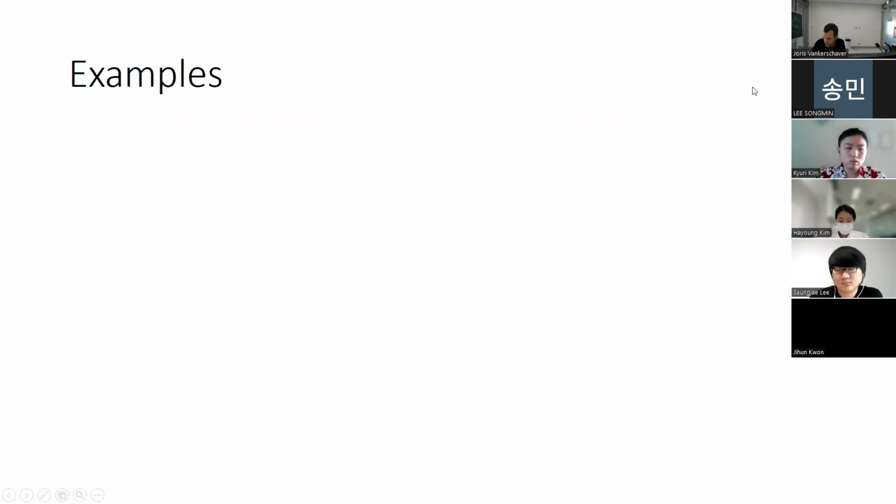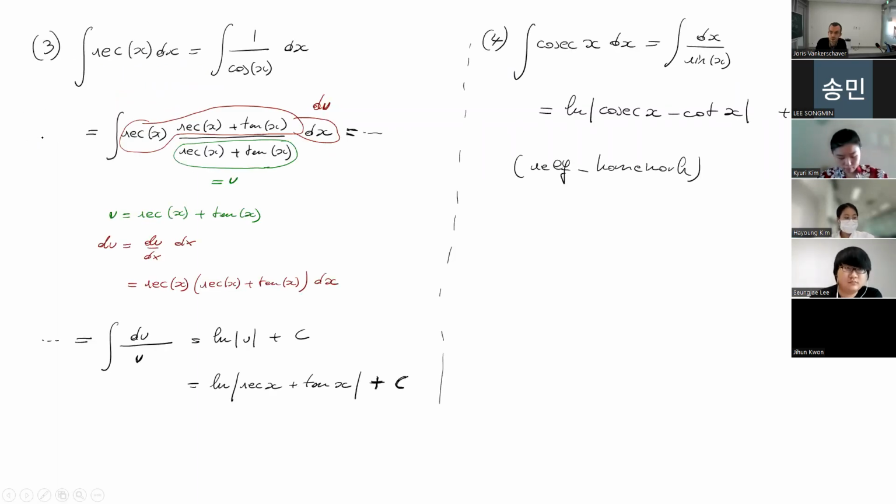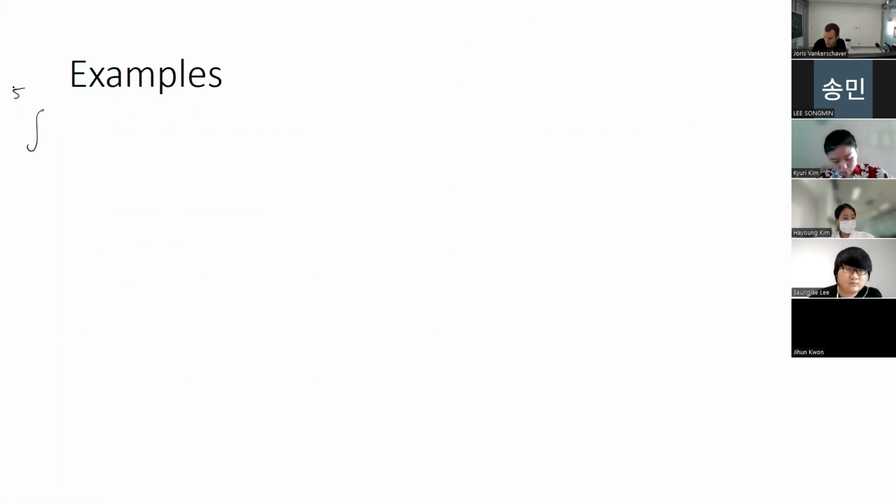This is example number 5. Let's look at the integral of sine to the power 3 of x times cosine to the power 8 of x dx, and let's try to find it.